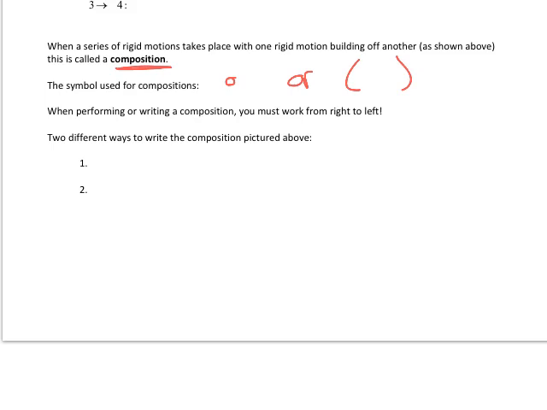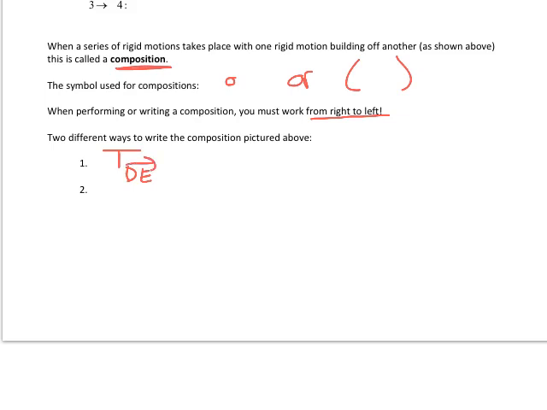So when performing or writing a composition, here's the big thing. If you are writing this, you've got to work from right to left, which can be a bit confusing, but we want to think about inside and out. So if I'm writing this composition, the last rigid motion we did was the translation. So that's what I'm going to write down first, because I've got to work from the inside out. So my translation of DE, there's my translation vector.